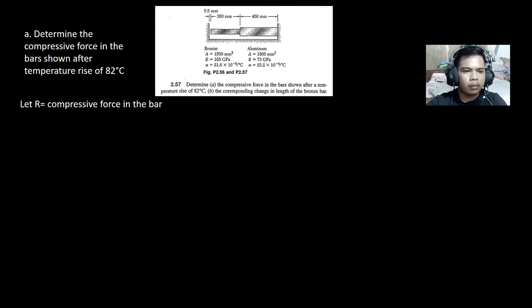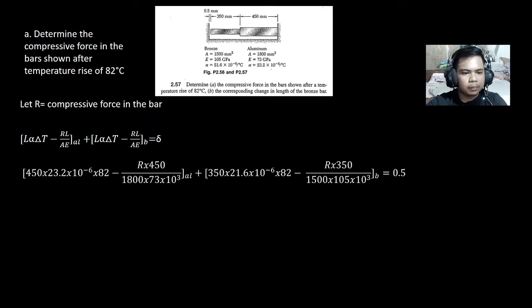The formula for the compressive force is L times alpha times delta T minus R times L over A times E, plus L times alpha times delta T minus R times L over A times E, is equals to delta. Then you have to input the given.